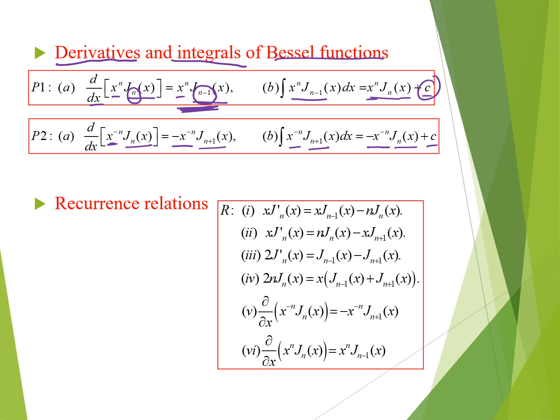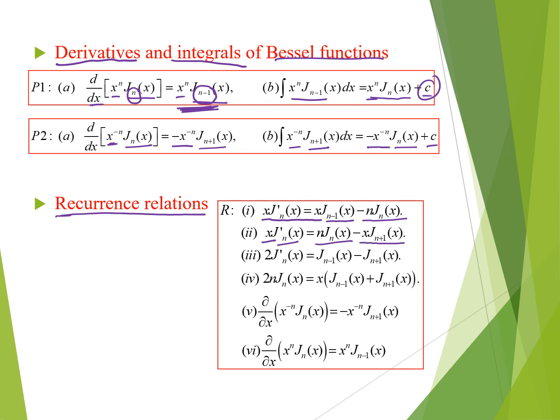Now these are the recurrence relations. These are the most important relations for the Bessel's function, and they should be remembered by you. First is x J_n' is equal to x J_(n-1) minus n J_n. Second, again the left side is the same, x J_n', where J_n' means the derivative of the Bessel's function with respect to x, is equal to n J_n minus x J_(n+1).